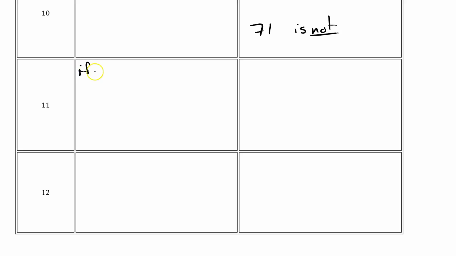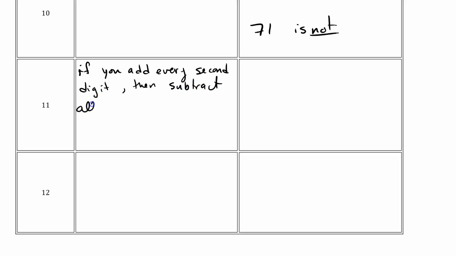If you add every second digit, then subtract all other digits, and the answer is 0 or divisible by 11.